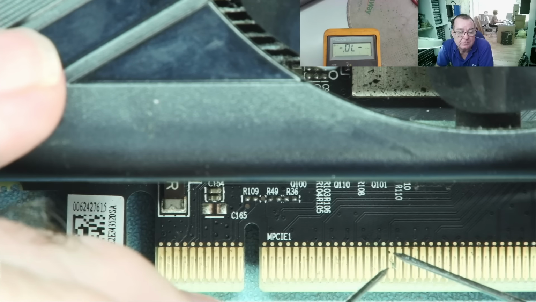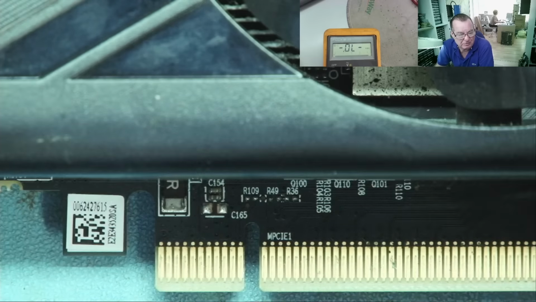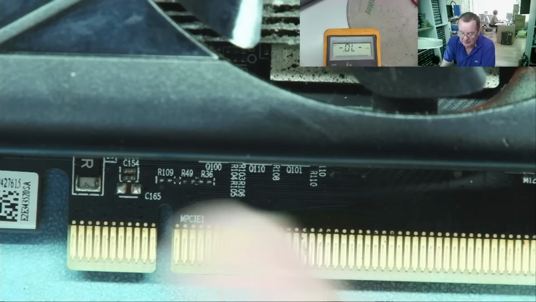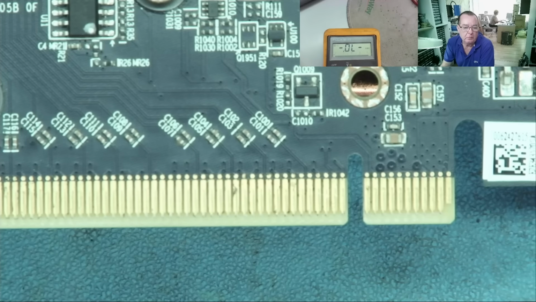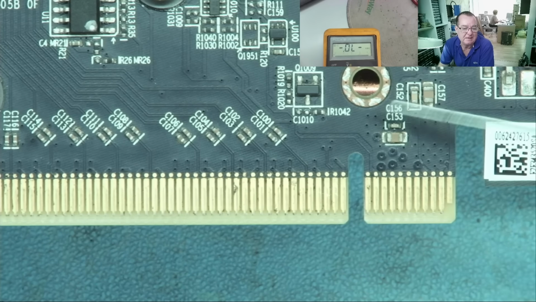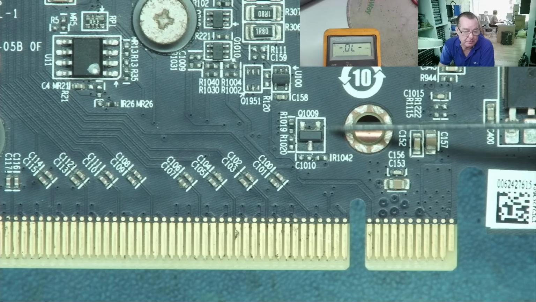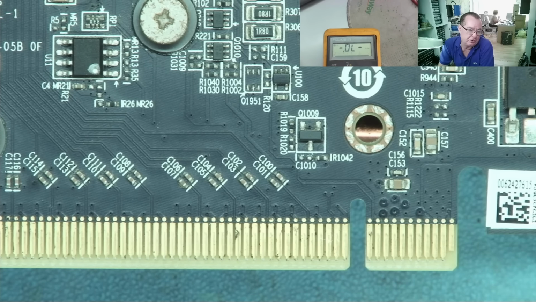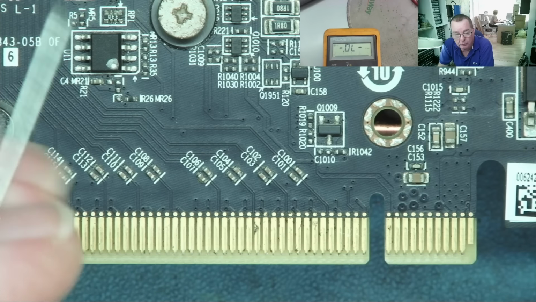Yeah, 0.466, 0.473. Little differences, but nothing major. So I'm quite convinced on this one it's not being plugged into a mining adapter the wrong way. If it has, you'll probably find either that these are open circuit or they're shorted to each other.